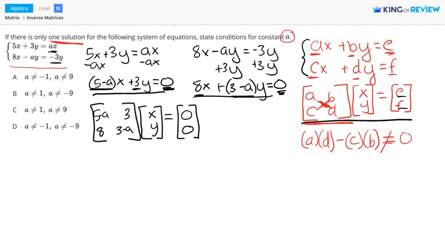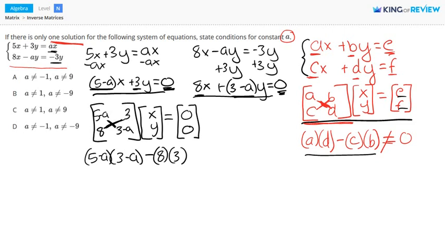So now let's figure out what our determinant is. We're going to multiply these two entries together. So we have 5 minus a times 3 minus a. And now we'll subtract the product of these two entries, 8 times 3. And again, if there is only one solution, then we know that this determinant here is not equal to 0.